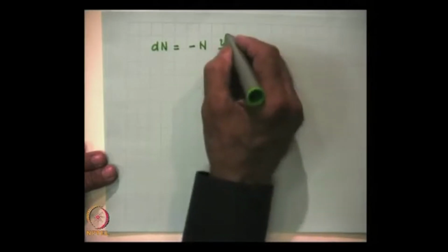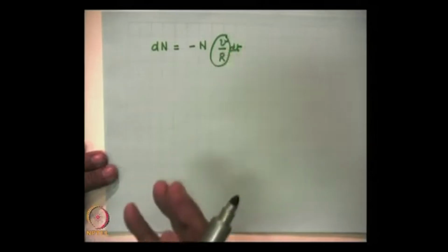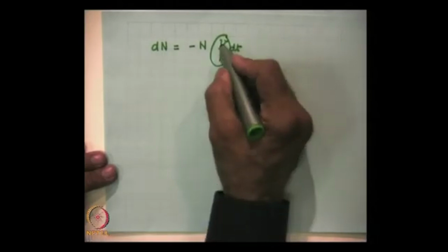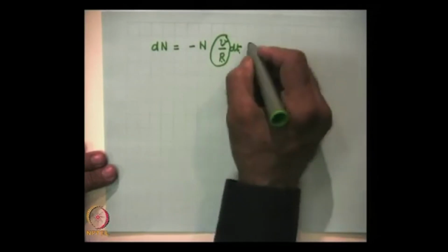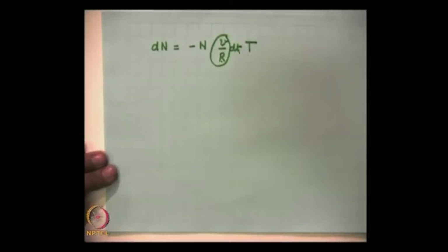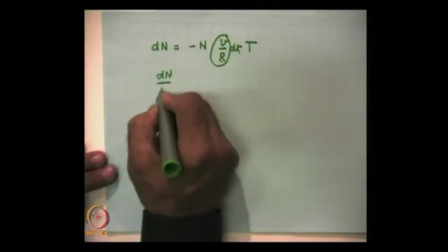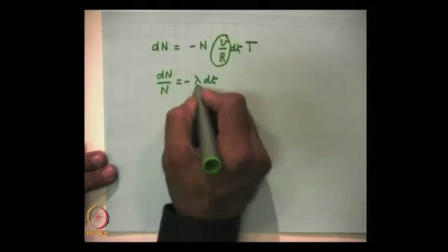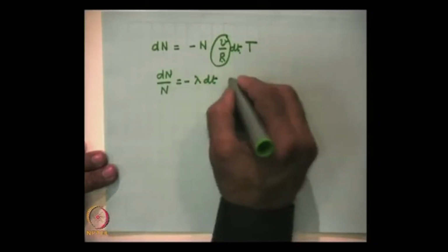So the number of times the alpha particle hits the spherical surface of the nucleus per second is v by r. In time dt it is so much, and each time the probability that it tunnels through is so much. So you will have dn by n equal to minus lambda times dt, where lambda is the inverse of the mean lifetime.